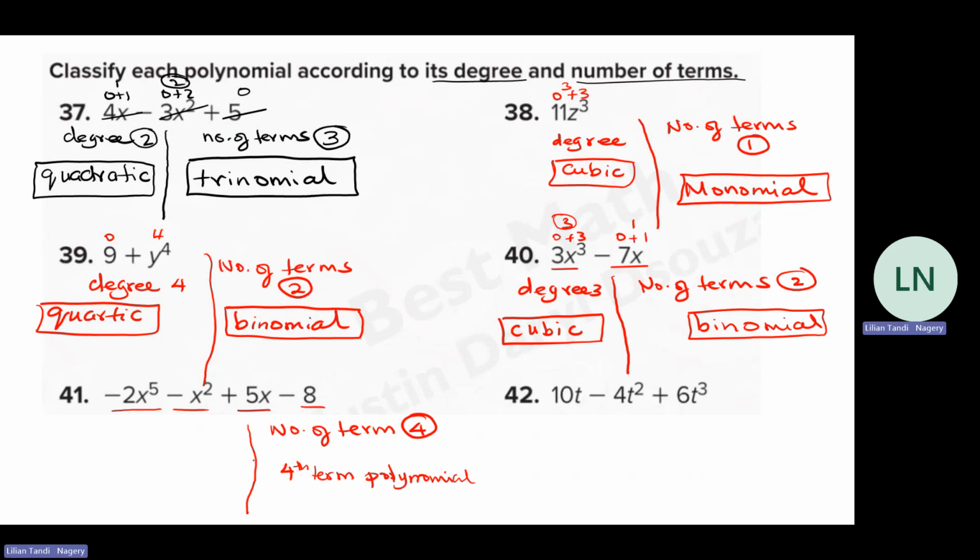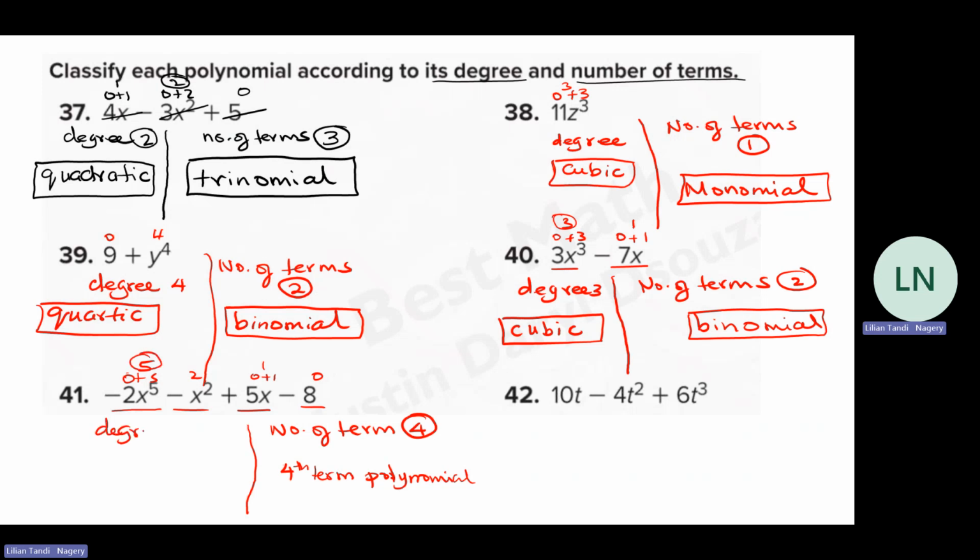Then degree. 0 plus 5 is 5. This is 2. This is 0 plus 1 is 1. And this is 0. So the highest degree is 5.